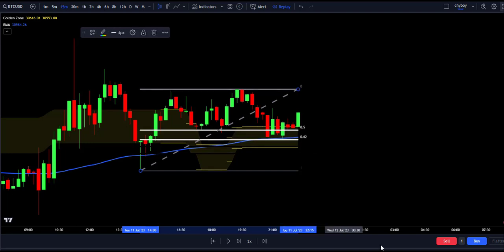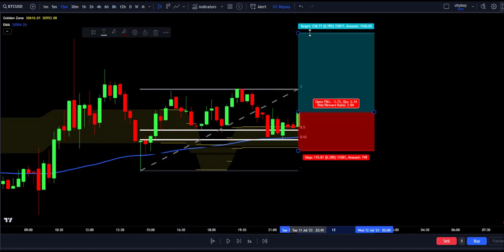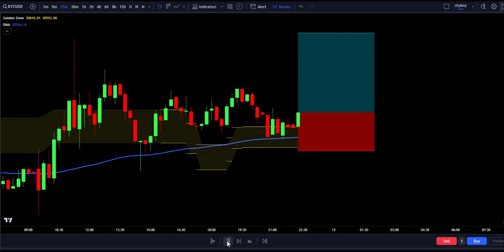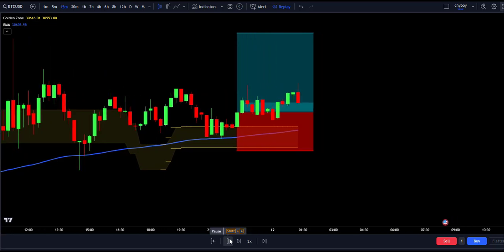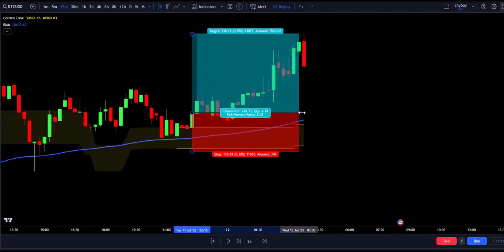Then we can take a trade, setting our stop loss below the zone and targeting a 2 risk-reward ratio. As you can see, the trade played out nicely.